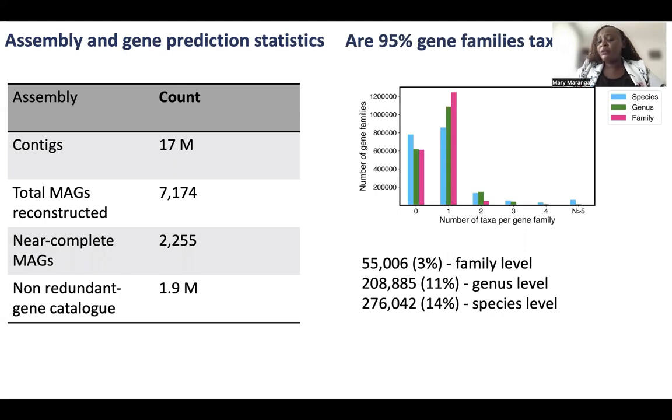And we found a notable portion of gene families that have multiple taxonomies assigned: 3% at family level, 11% at genus level, and 14% at species level. Here we hypothesize that this may be due to mechanisms like horizontal gene transfer, where we see species exchange genes among themselves. And there was also a notable portion of genes that could not be assigned to any taxonomy.